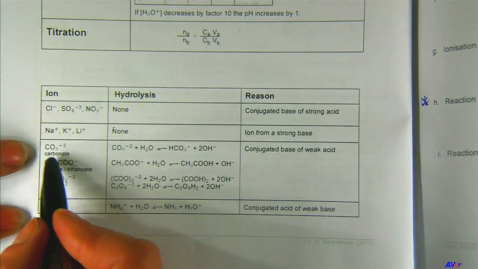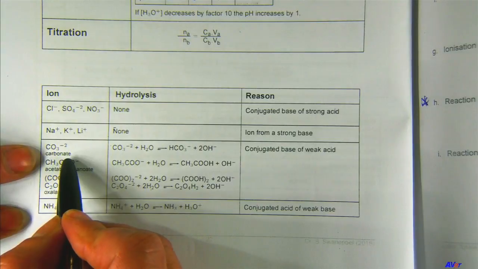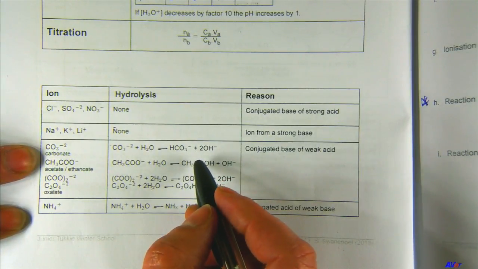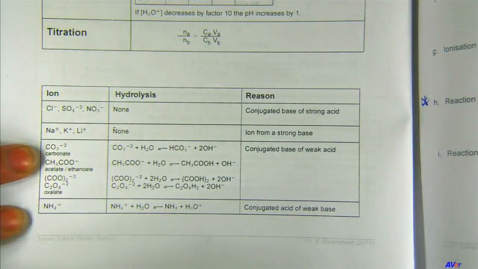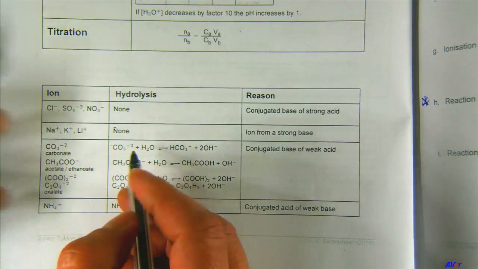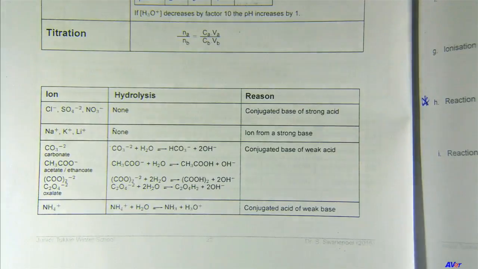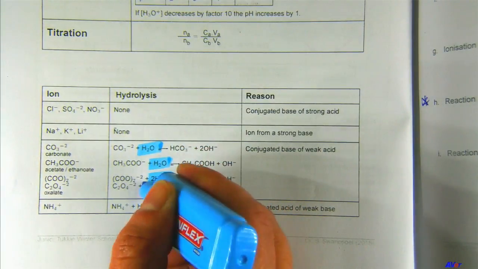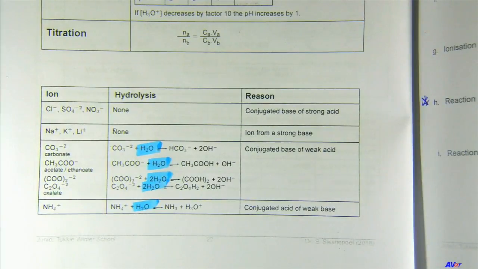So if you get the carbonate ion, where does it come from? Actually from carbonic acid, right? So it will start going back. And now, what is the definition of hydrolysis? Reaction with water. So don't start putting OH minus and H pluses or something strange in there. It's reaction with water.